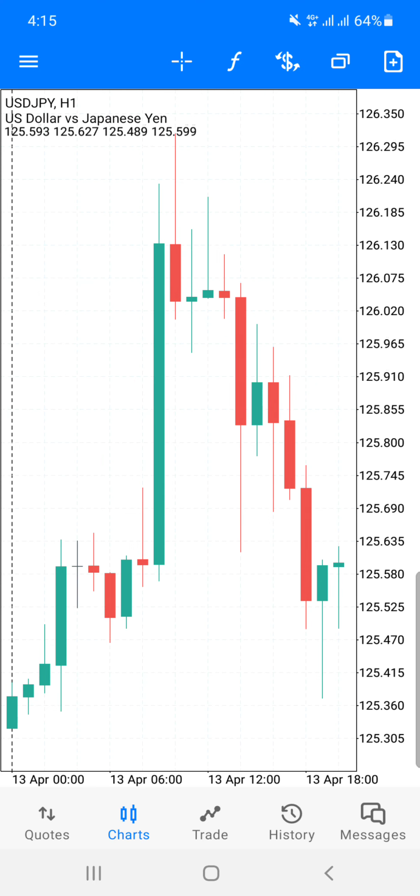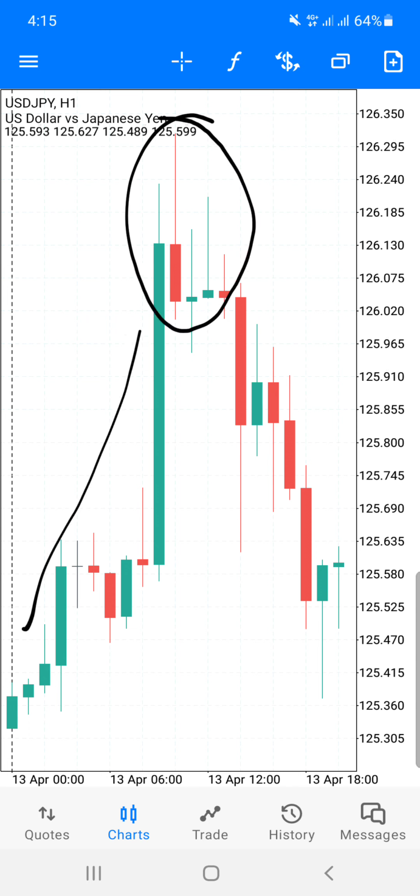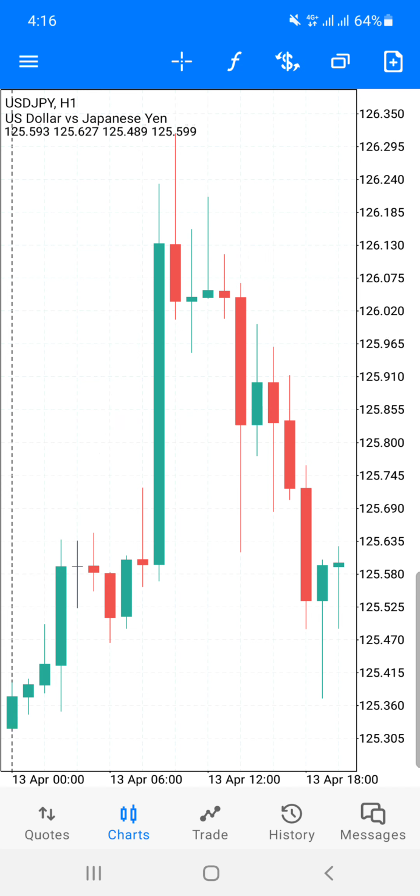Okay, see this one here. This is a shooting star. Like I said, the market bought, and after buying it formed this pattern. Remember, the wick is bigger than the body, right? After that, the market formed a doji, then another shooting star.